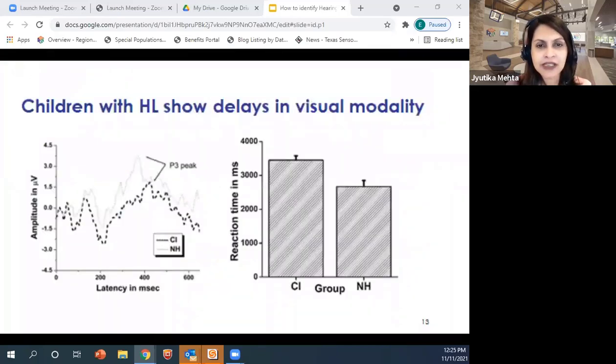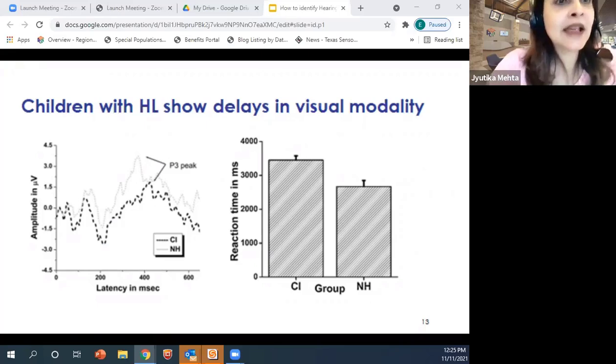So what we found is, if you see on that bar graph, CI is the cochlear implant group and NH is the normal hearing group. On the second panel, the x-axis is the group and the y-axis is the reaction time. And the cochlear implant group took significantly longer, almost 1,000 milliseconds. 1,000 milliseconds is 1 second for every single visual processing task that they engaged in.